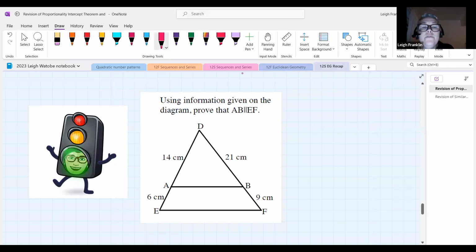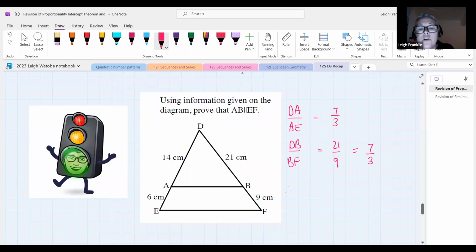So hopefully you guys wrote DA over AE equals 7 over 3. And you wrote DB over BF equals 21 over 9, which also equals 7 over 3.